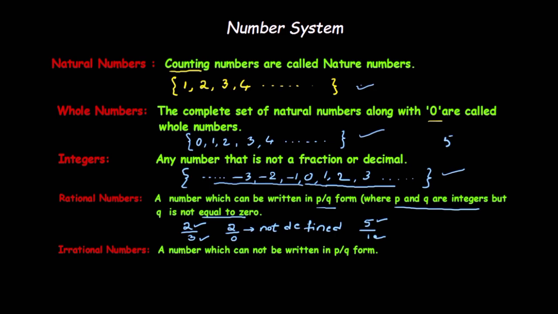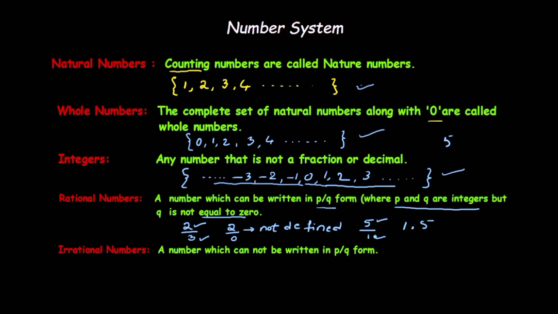For suppose 2 by 3 is one example, and I am going to take one decimal number like 1.5. The 1.5 is a rational number but it is not an integer, not a whole number, and not a natural number. So for suppose the question is, give me an example of a rational number which is not an integer, whole number, or natural number.